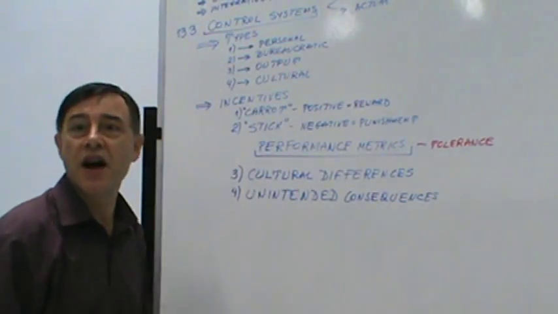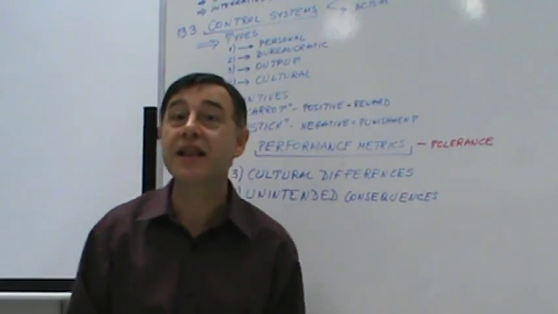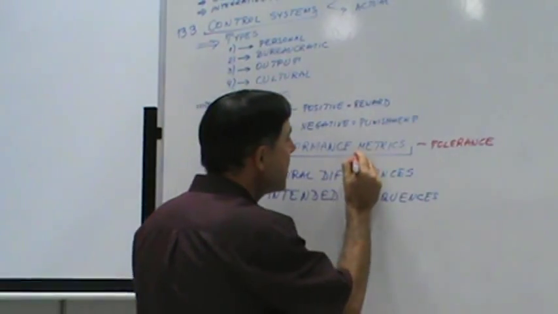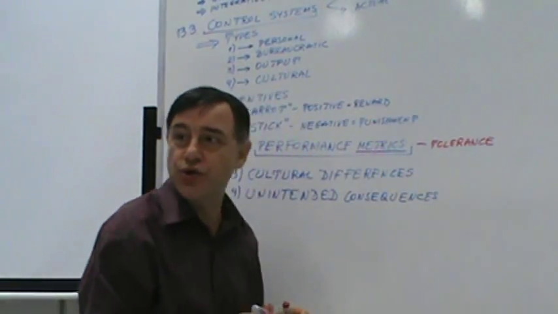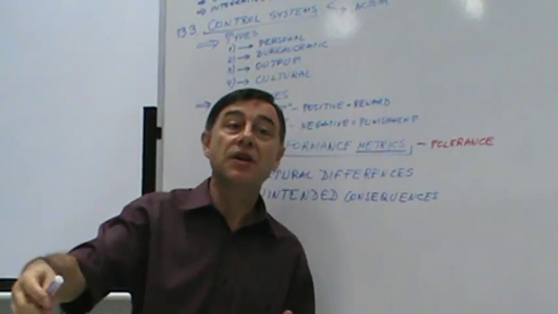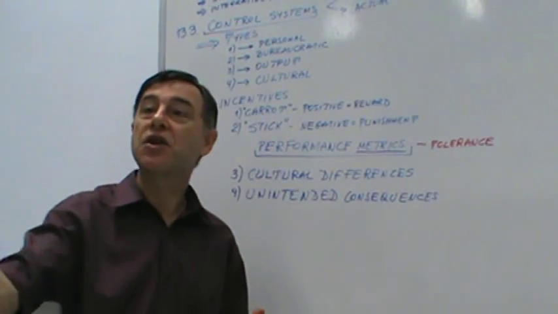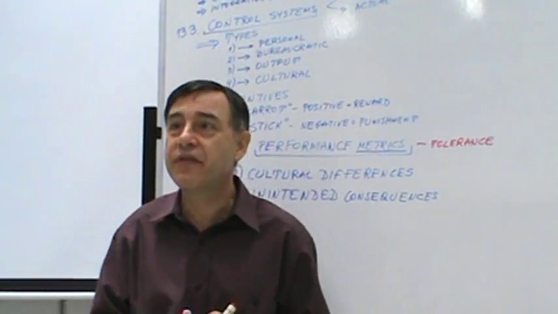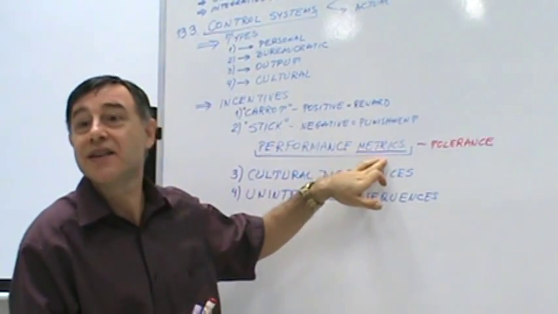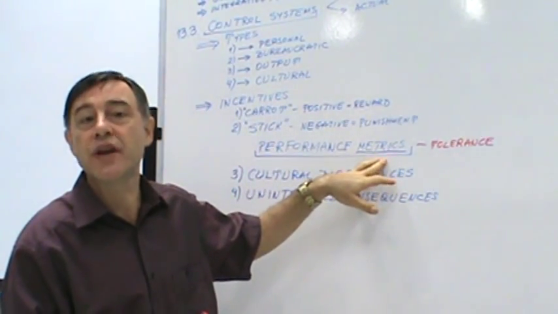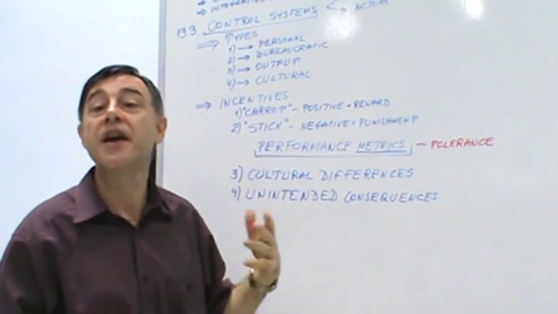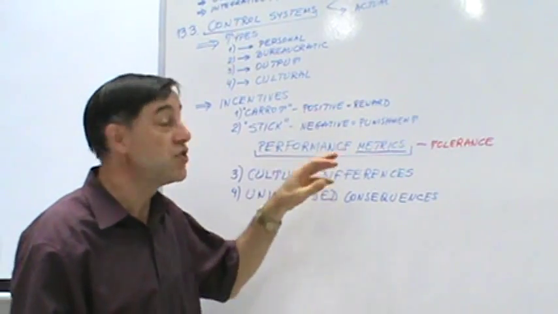And one of the unintended consequences is that whatever the metric is, usually people in the system, those that are being controlled, will design and change their behavior just to meet the metric without really caring about the underlying goals and the underlying objectives.